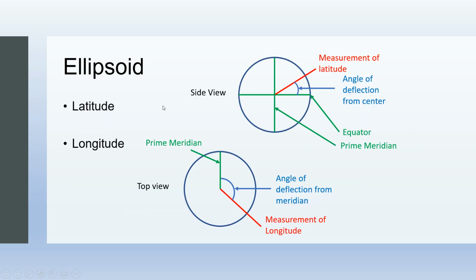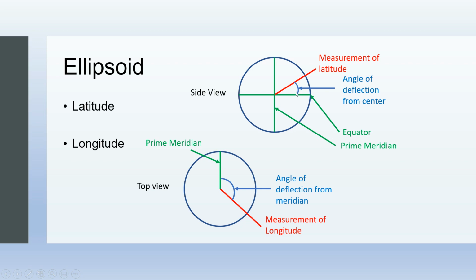So when we're talking about latitude, okay, if we're looking at it, this is like a side view, okay? So we have our prime meridian. We're just going to call this our prime meridian. It doesn't really matter as far as the meridian is concerned, okay? And then we have our equator, okay? We can also consider this to be the center of the Earth, okay?